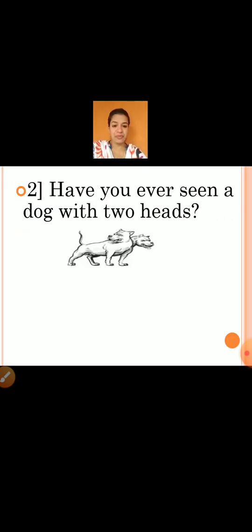Next question. Have you ever seen a dog with two heads? Now you can see the picture, right? So have you ever seen a dog with two heads? If you have seen, you can say yes. If you have never seen, you can say no. My answer will be no, I have never seen. So what is your answer? You have to say true, right? Okay.